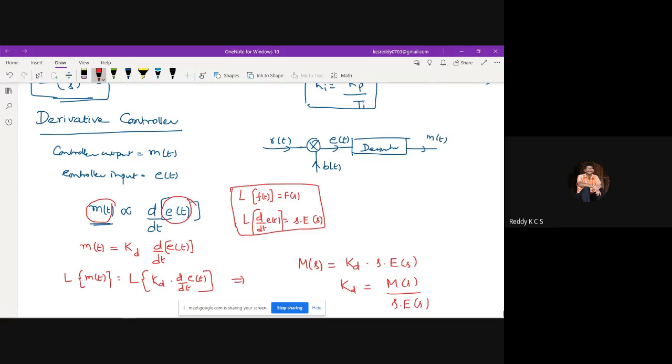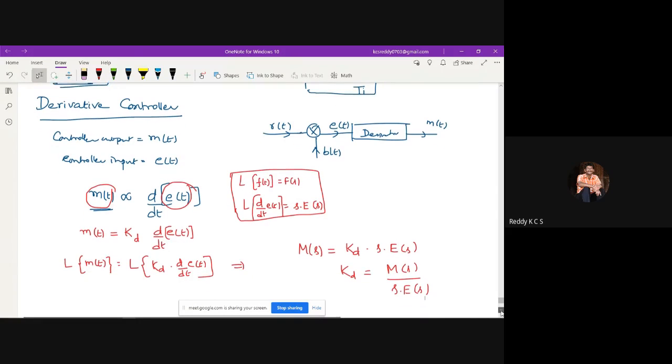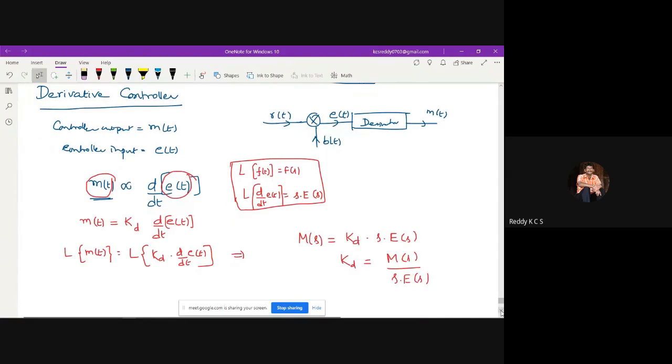The advantage of this derivative control action: as it is not used alone, it can be used in combination. It will respond to the rate of change of error and can produce significant corrective action before the magnitude of the actuating error becomes too large.